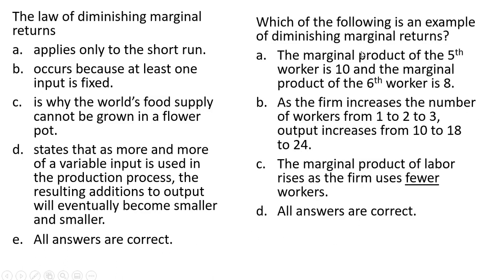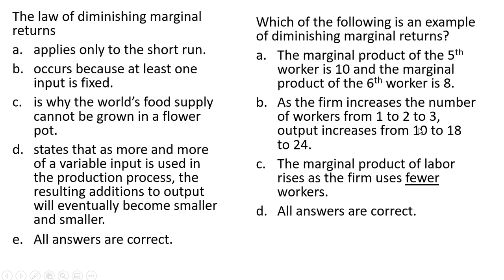Which of the following is an example of diminishing marginal returns? A, the marginal product of the 5th worker is 10, and the marginal product of the 6th worker is 8. So we have falling marginal product, so that's an example. A is correct. B, as the firm increases the number of workers from 1 to 2 to 3, output increases from 10 to 18 to 24. So the marginal product here of the first worker is 10, going from 0 to 10.